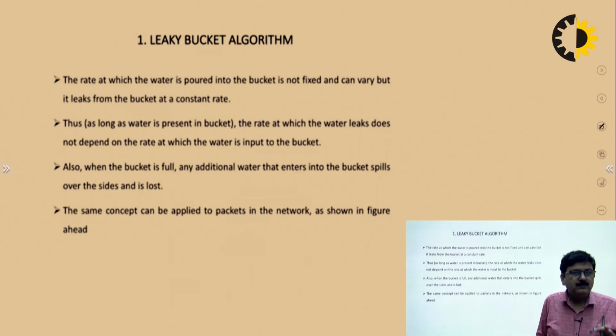So what we have told you with the example is that the rate at which the water is poured into the bucket is not fixed and can vary. It leaks from the bucket at a constant rate, from the hole which is given at the bottom of the bucket. Thus, as long as water is present in the bucket, the rate at which the water leaks does not depend on the rate at which water is input to the bucket.